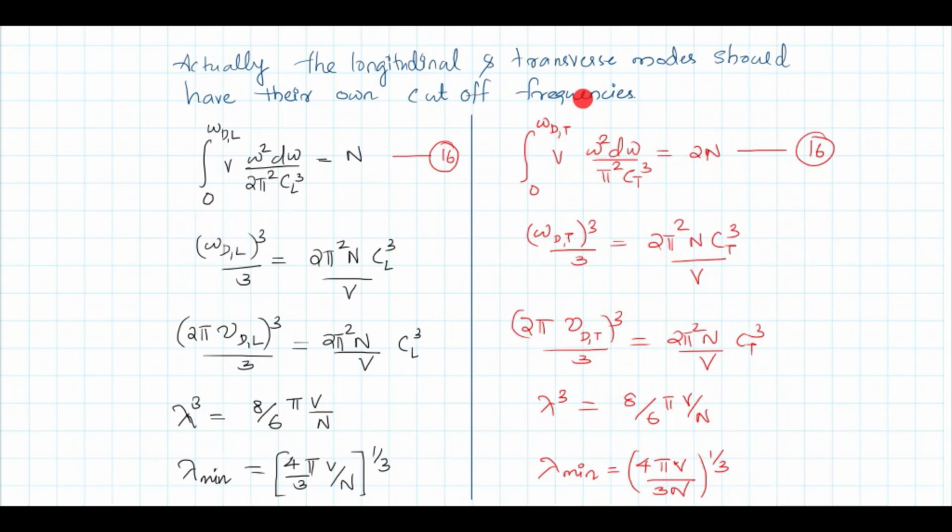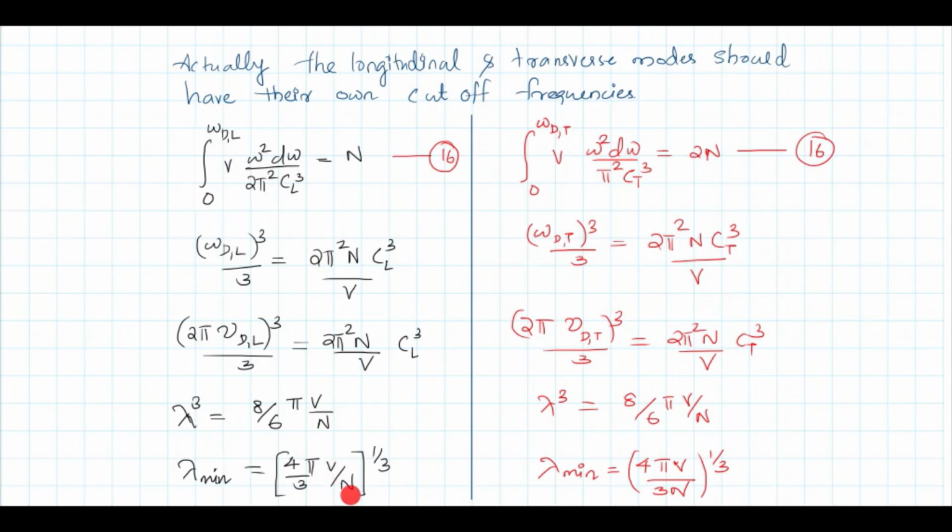So for longitudinal as well as transverse modes, the minimum wavelength is exactly the same, and it is of the order of interatomic distance. Here v is the volume and n is the number of particles.